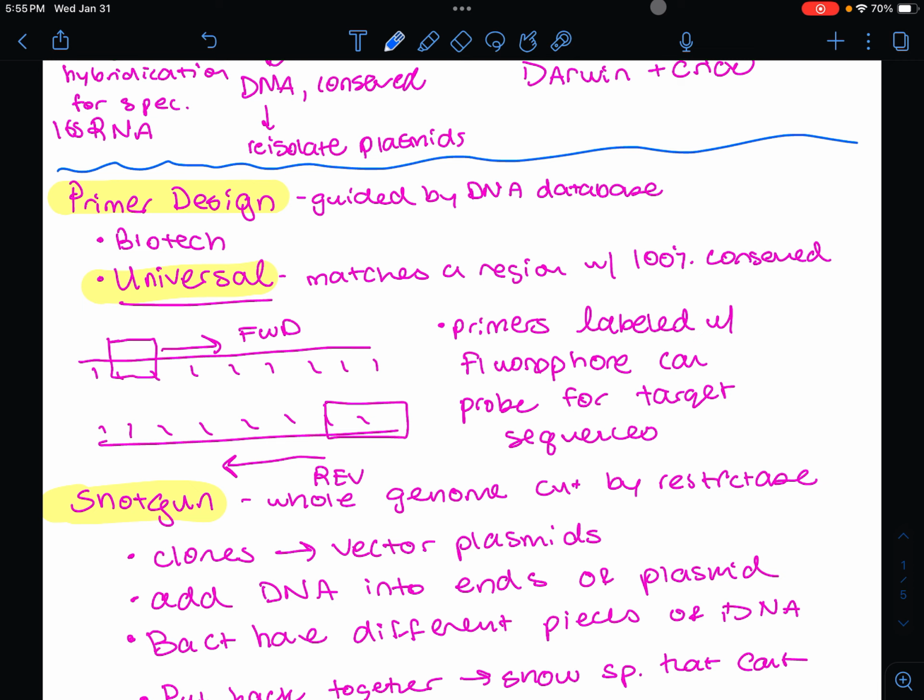So in cell detection and primer design for PCR, you're going to be using the database of 16S rDNA sequences to guide the PCR nucleotide primer design. You could have universal primers, and these are going to be chosen for a part that's complementary and 100% conserved in all 16S rDNA.